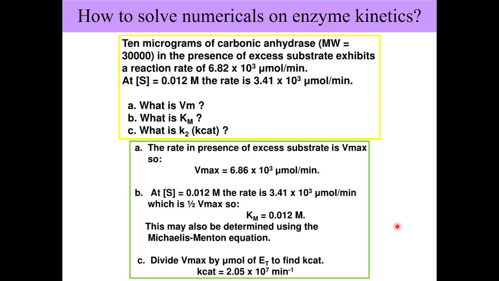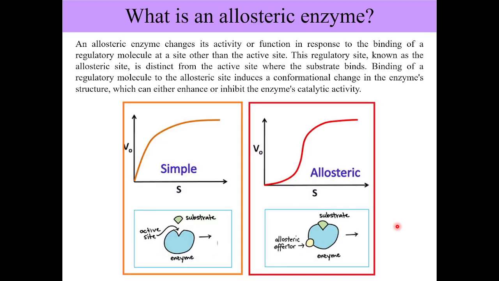Then we will move on to allosteric enzymes. What are simple enzymes and what are allosteric enzymes? Simple enzymes are more often unimolecular, with a very simple structure and not too many subunits, and they follow the Michaelis-Menten curve.